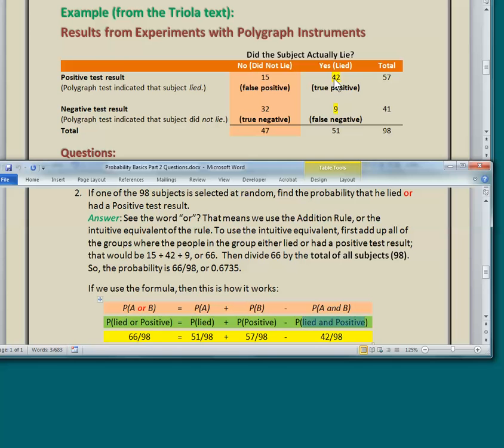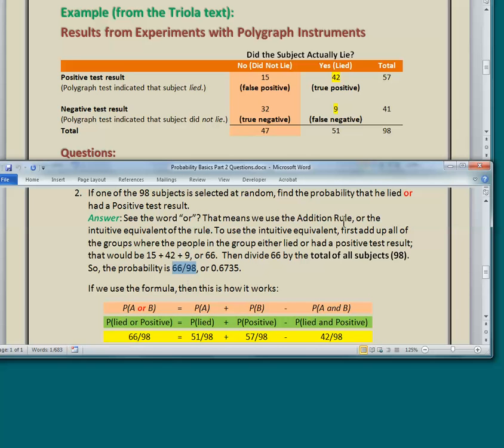They're in the lied column and they're in the positive test column. So they have been double counted, so we subtract them out. Here's the 42, and once again, it's over the 98. And when we do all this, the 51 plus the 57 minus the 42, what we're left with is 66. So that's the answer we get using the formula, and it's the same answer we got using the intuitive approach, the 66 over 98.